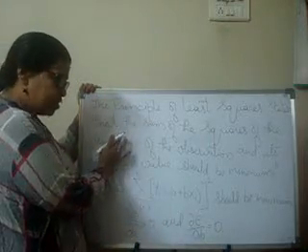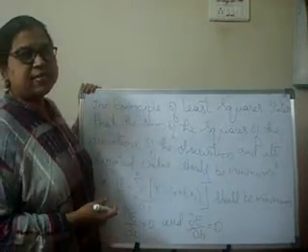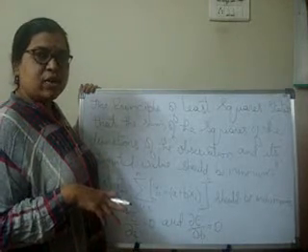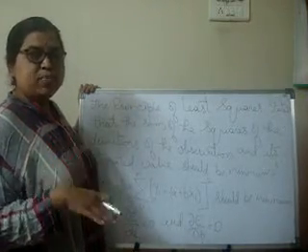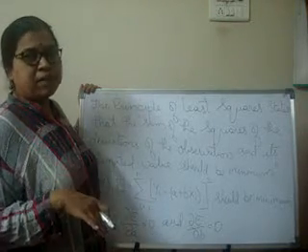We use this to fit different types of curves. As I said, we have seen fitting of a straight line, fitting of a second degree parabola, fitting of exponential curves, which are of two types, and power curves.